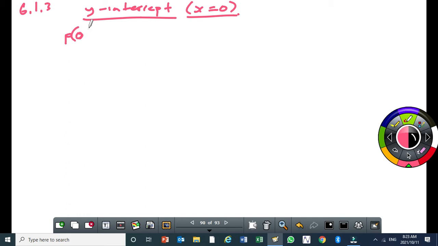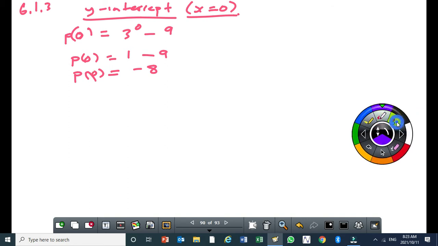So p0 will be equal to 3 to the power of 0 minus 9. Okay, so I'll get p0 equal to 1 minus 9, and that will give me minus 8. So the graph has the y-intercept at x equals 0 and y equal to minus 8.